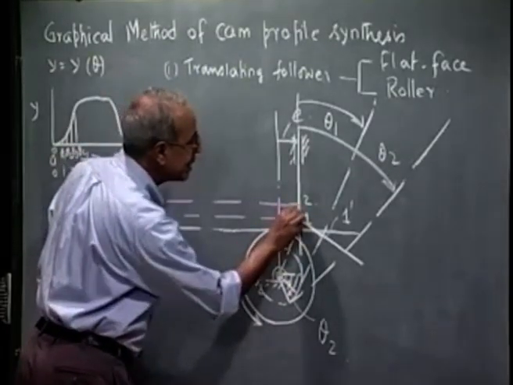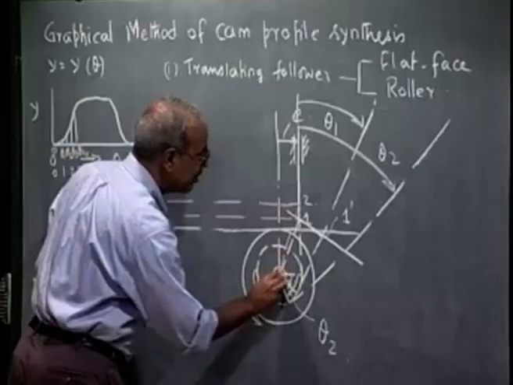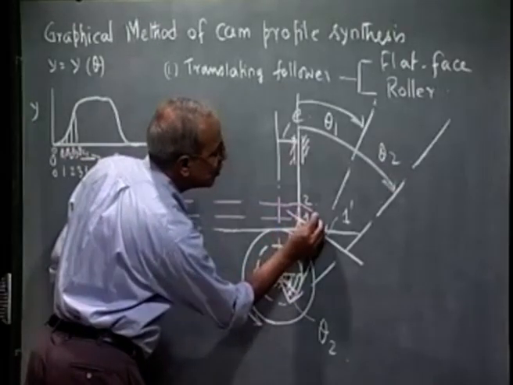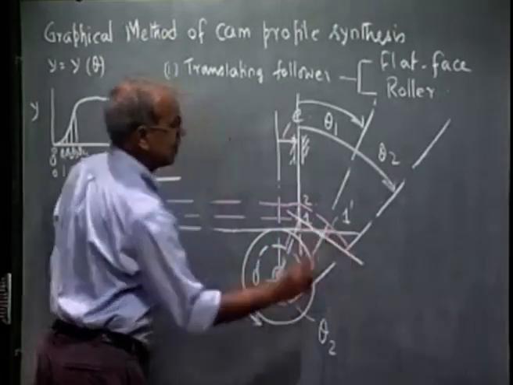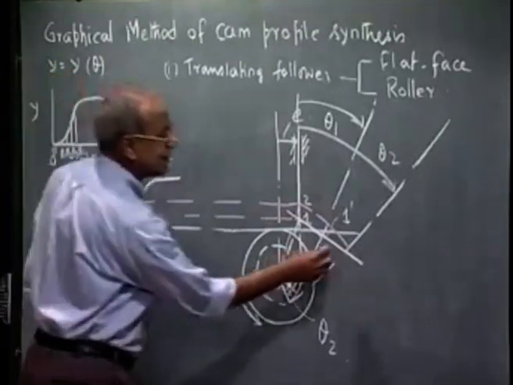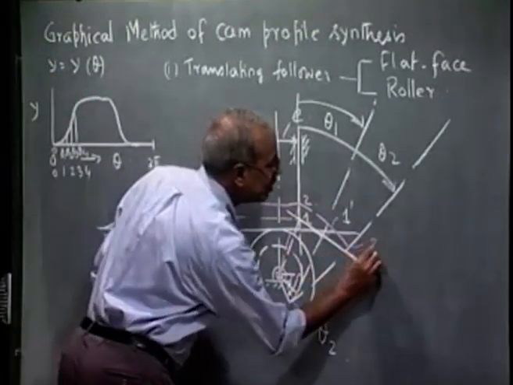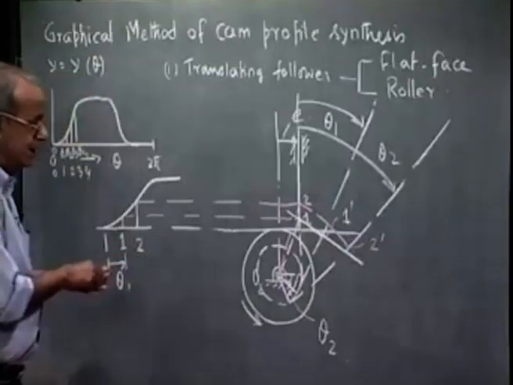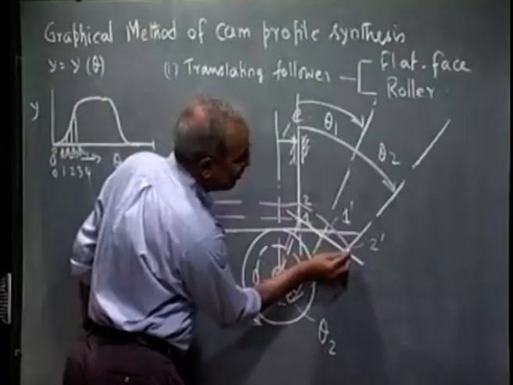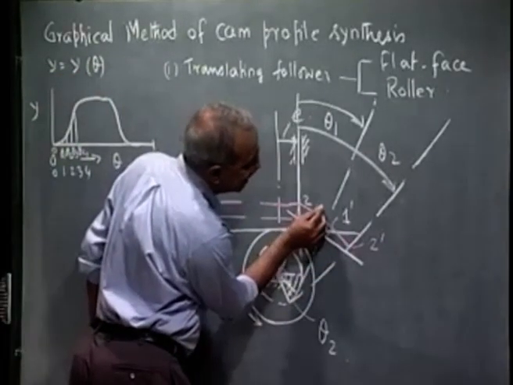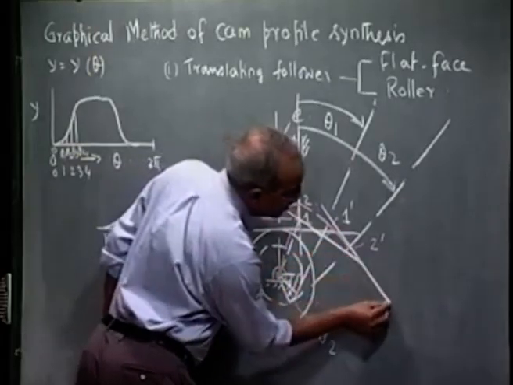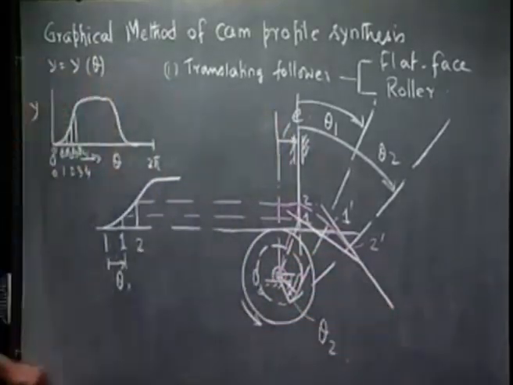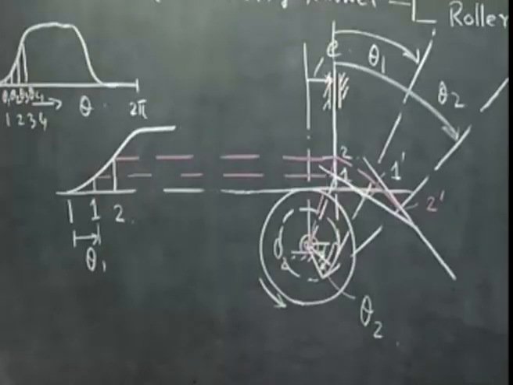So, I rotate about O2, and this is what I call 2 prime. Then the follower face is perpendicular to this line. So, this is the follower face corresponding to station point 2.